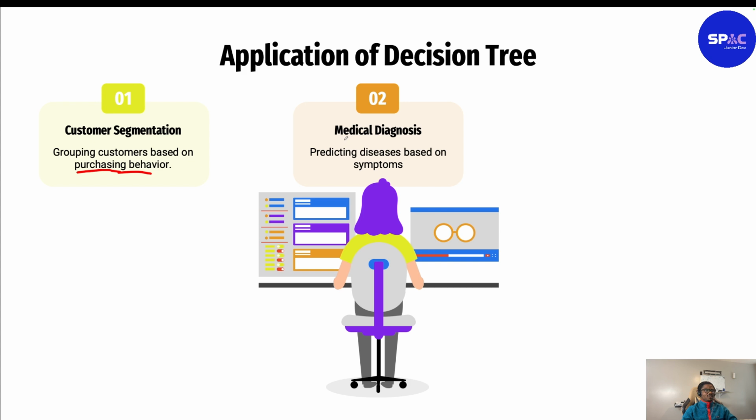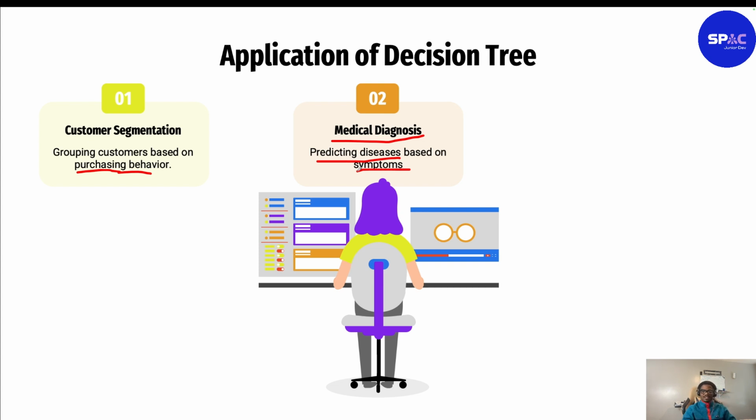Then in medical diagnosis, just like in logistic regression, we can also use this to predict disease from symptoms, right? Let's say you go to the hospital, they will ask you, do you have a headache? Yes or no? Are you coughing? Yes or no? Do you have a temperature? Yes or no? Then based on that, they will tell you, oh, you have malaria, oh, you have a cold, oh, you have this and that, right?